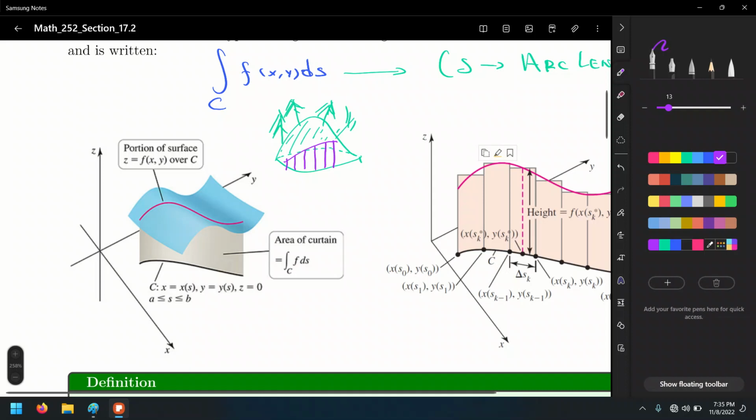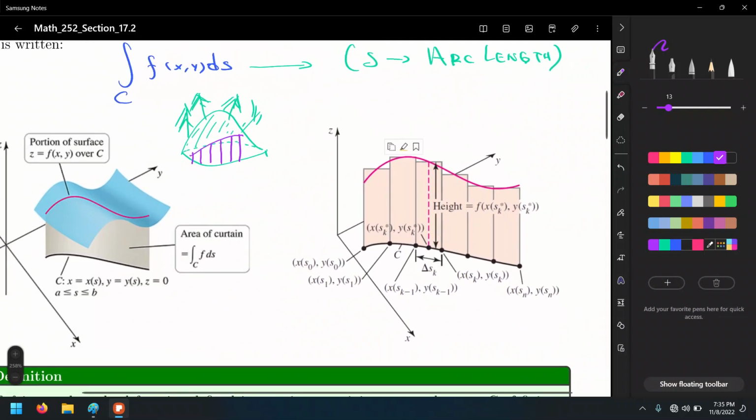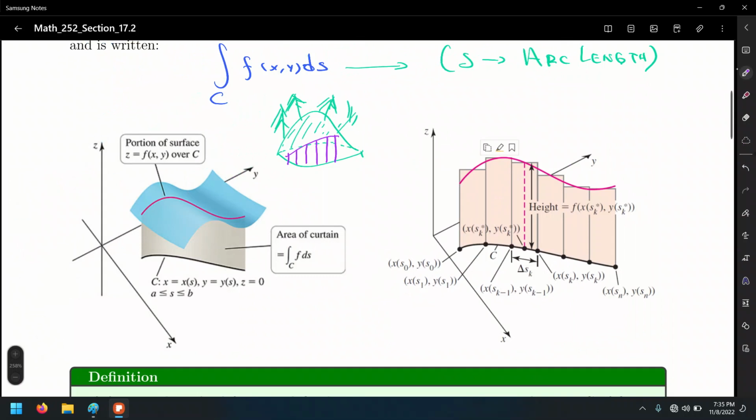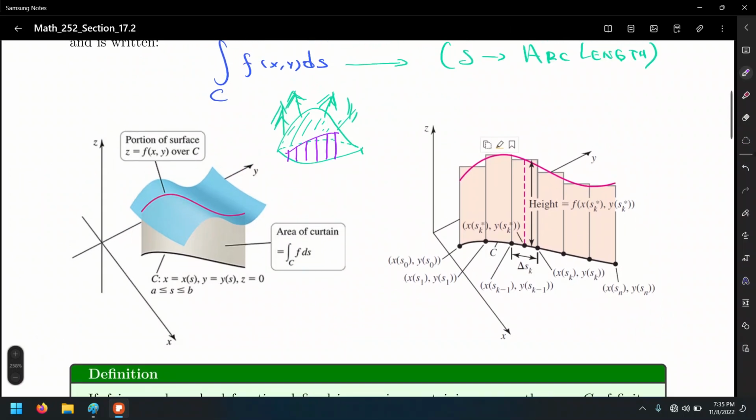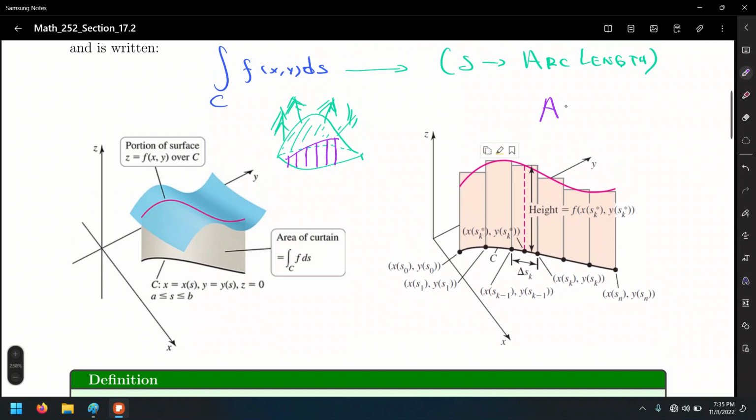And we have the picture right next to it, to get the partition and come up with the idea of that area right here, which is the height of the function, f of x sub i, y sub i, times delta s sub i.